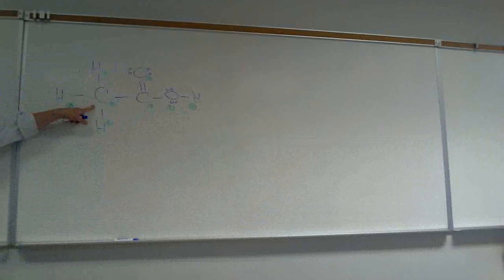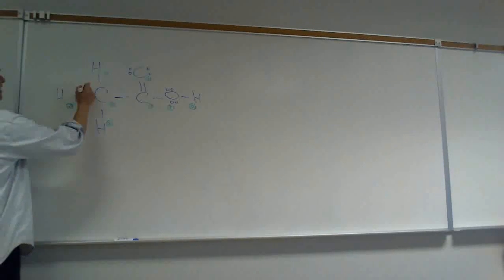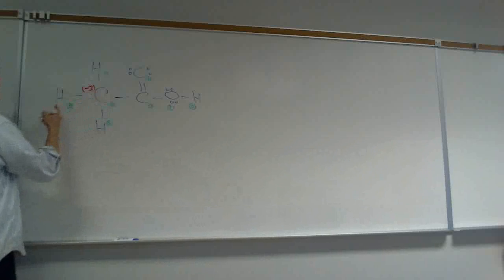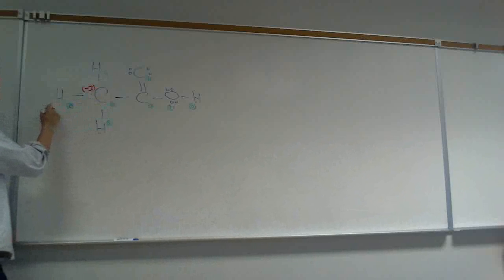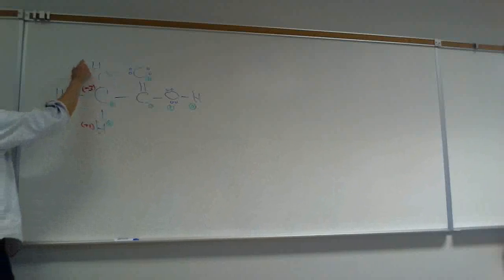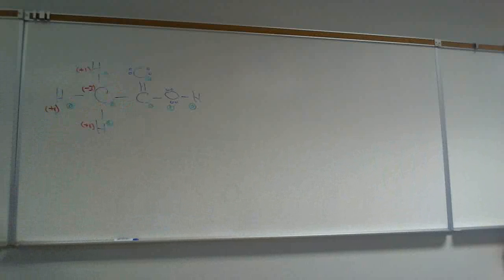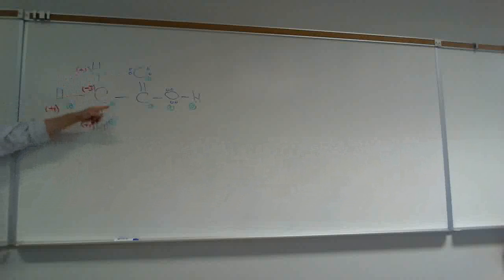Now this carbon is, what is it again? Minus 3. This carbon is minus 3. What is this hydrogen? Plus one. Okay, so basically this carbon took electrons from these 3 hydrogens but didn't take one from this carbon, right?